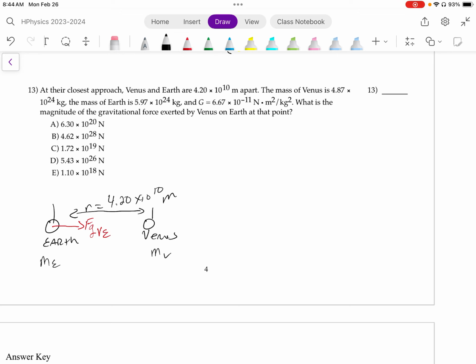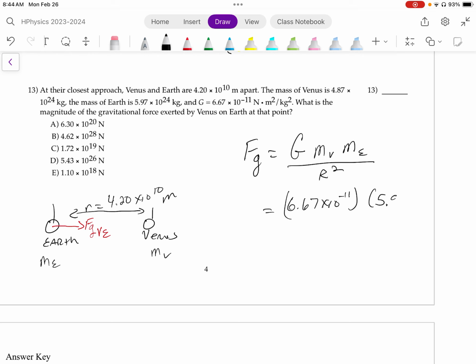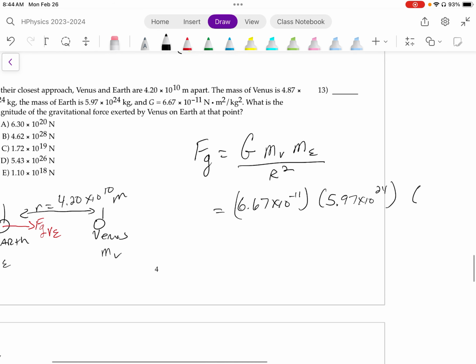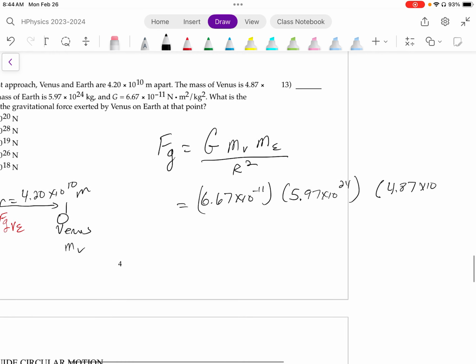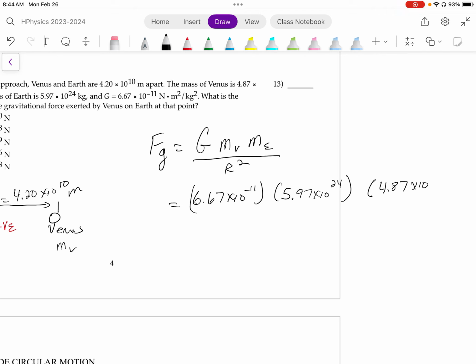And so that is the big G equation, I call it. So it's mass of Venus times mass of Earth divided by the distance of their centers of mass squared. So it'll be 6.67 times 10 to the negative 11 times the two masses, so 5.97 times 10 to the 24 times 4.87 times 10 to the 24.